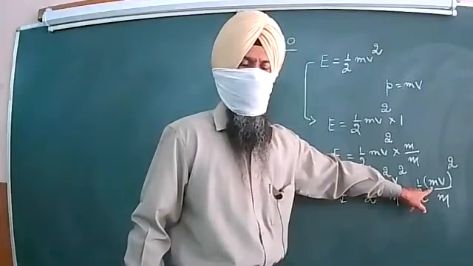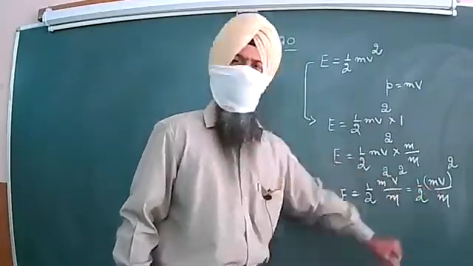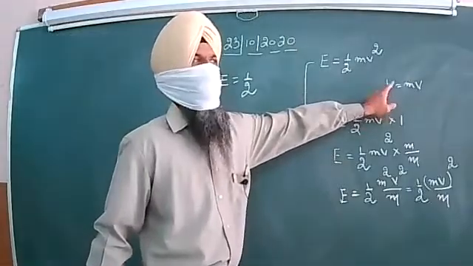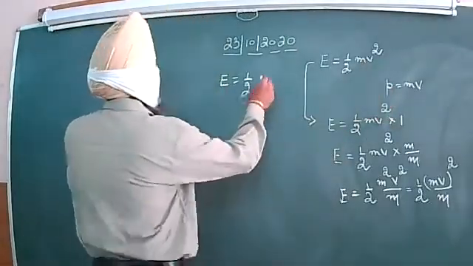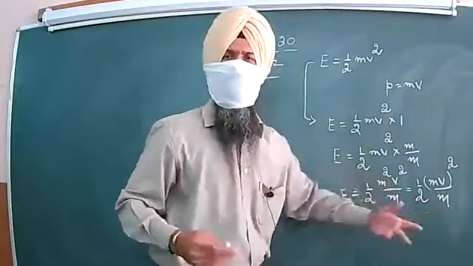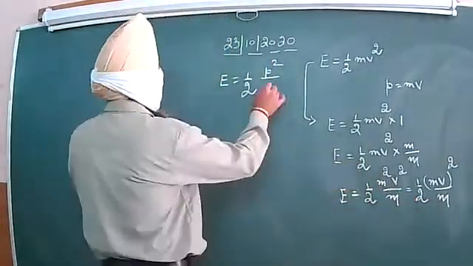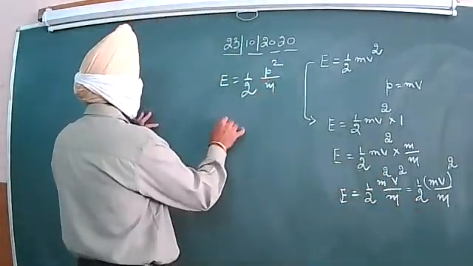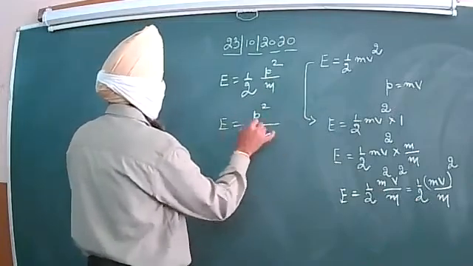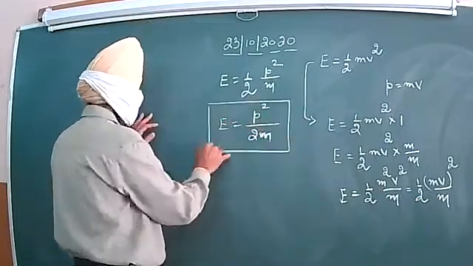So m into v is equal to your linear momentum p. So I can write it as p square. This m in the denominator will remain as such. So E is equal to p square upon 2m.